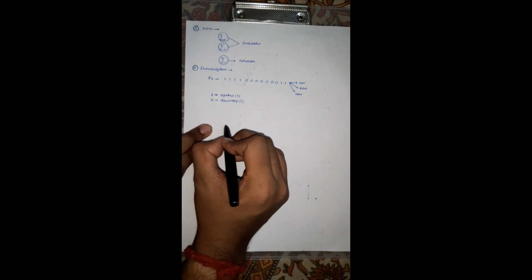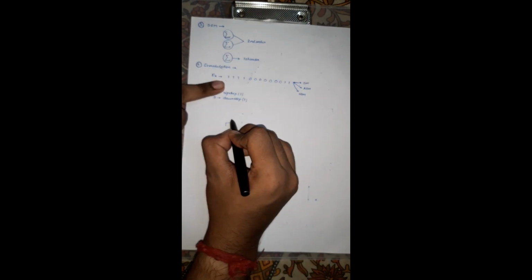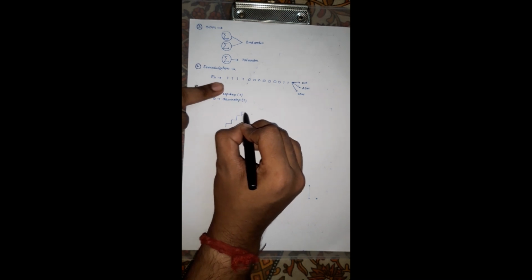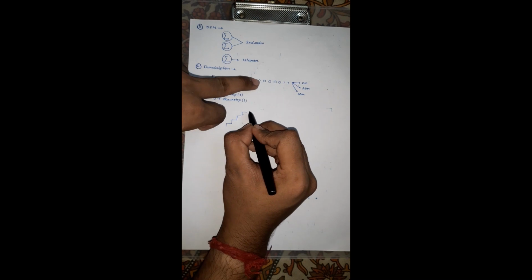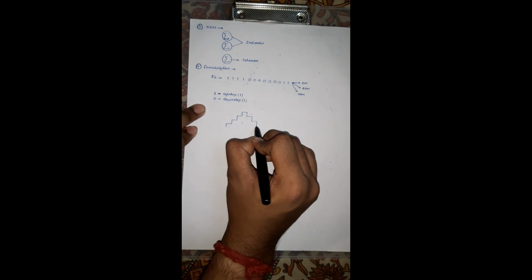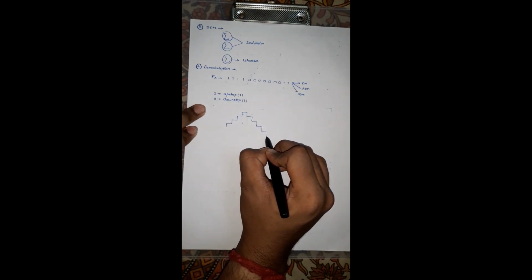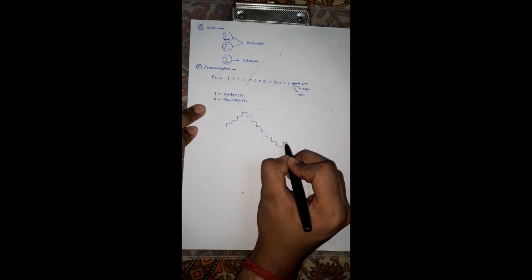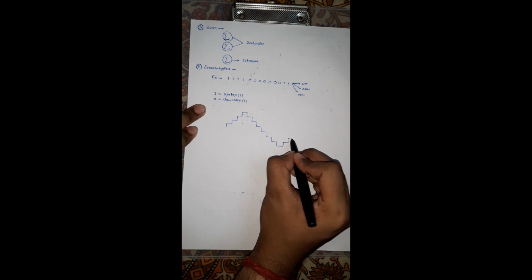So first I see there is a 1, so 1 up step has been produced, again a 1, again 1 up step, again a 1 up step. Then there are 7 zeros, so 7 down steps will be produced. Then again 2 up steps will be produced. This is the corresponding signal that will be produced by the demodulator circuit.